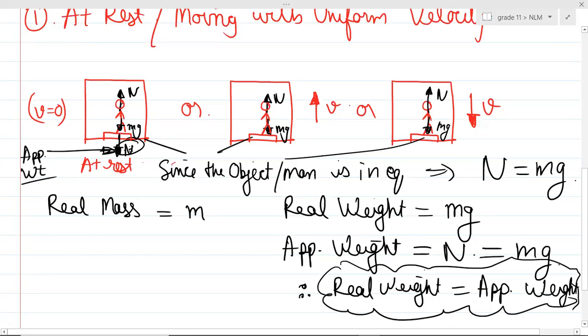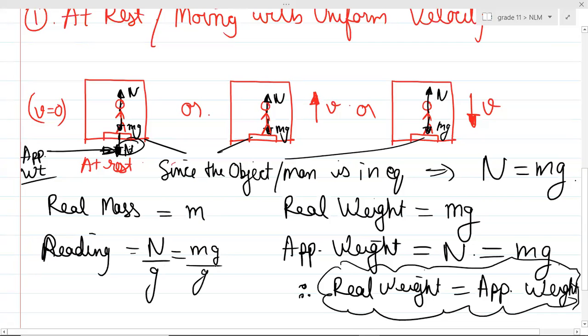So real mass is also m. What will be the reading in the machine? Will it be equal to N divided by g, and N was equal to mg divided by g? So g will get cancelled. Can you see real mass and apparent mass are equal in this case?